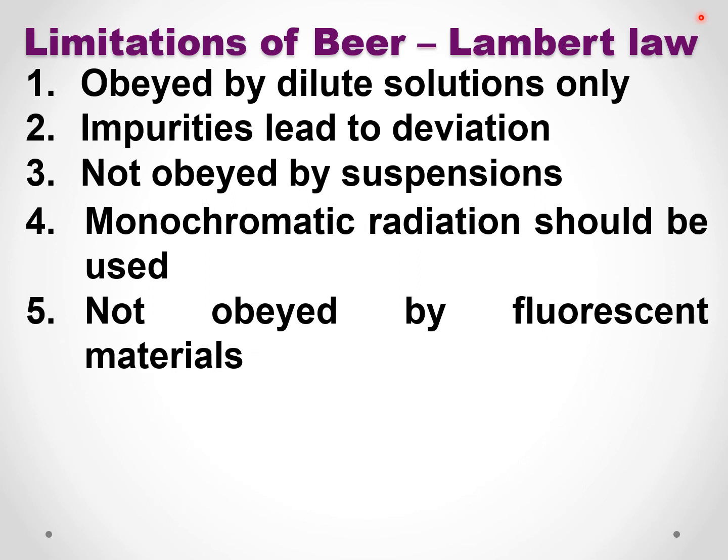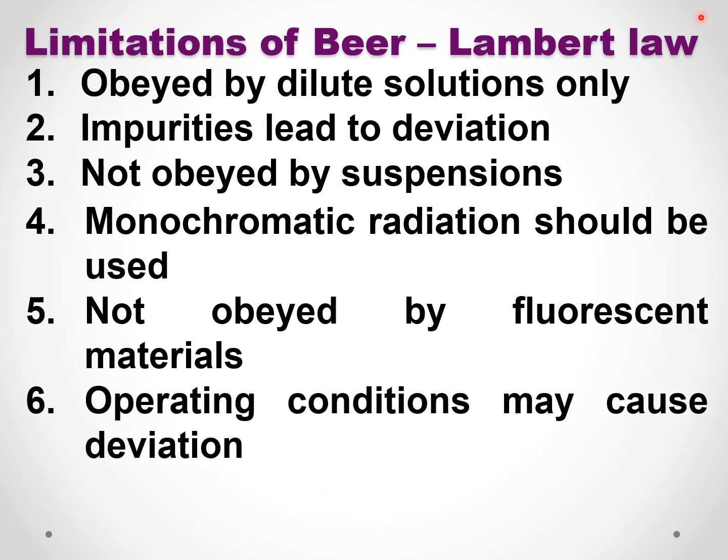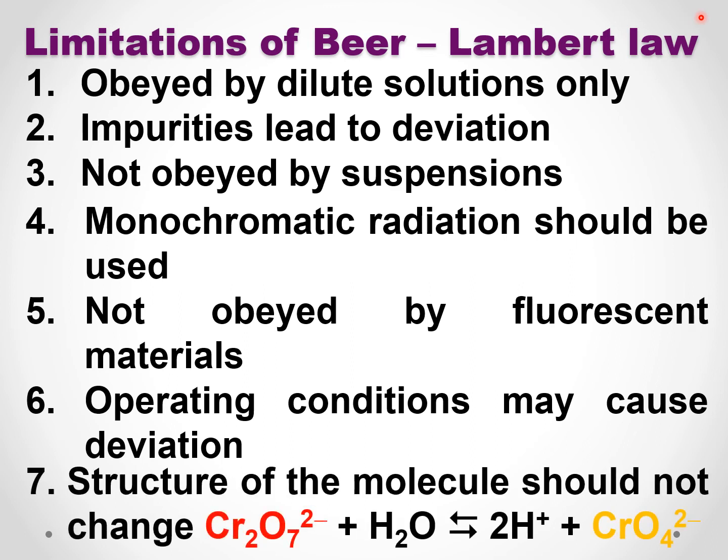Fluorescent materials will emit light of their own, so they will not absorb the light properly. Operating conditions may cause deviation. For example, if there is a voltage fluctuation, then the value will be different. And finally, the structure of the molecule should not change during the measurement.